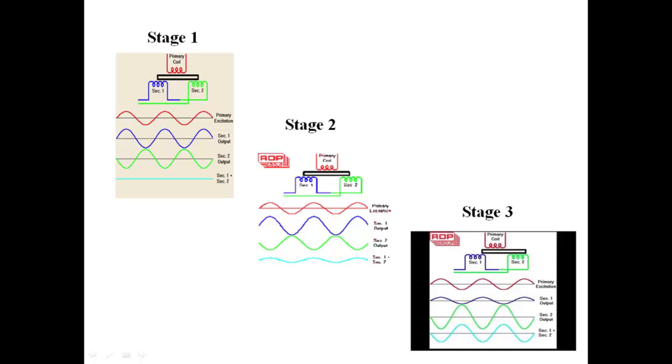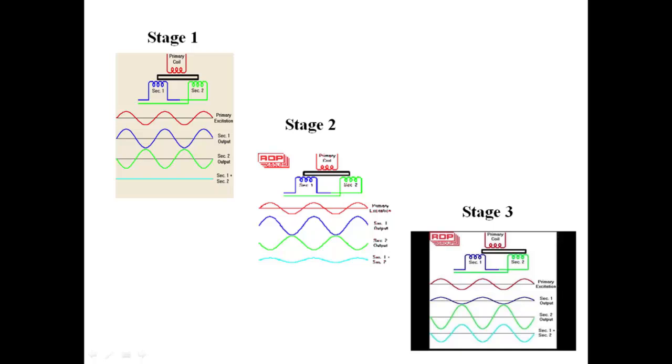So when you subtract the two, you get some slight voltage at the output, because the magnitude of secondary 1 voltage is higher than the voltage at secondary 2. And in stage 3, when your core moves towards the right hand side, that is secondary 2, the magnitude of secondary 2 is now higher than secondary 1, and so the output that you will obtain will be V2 minus V1.